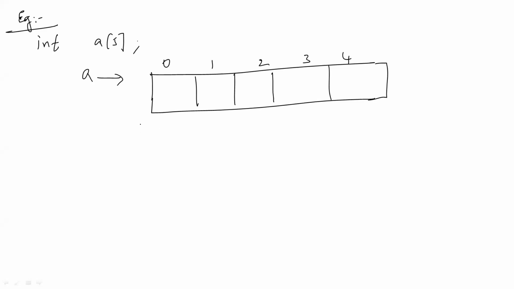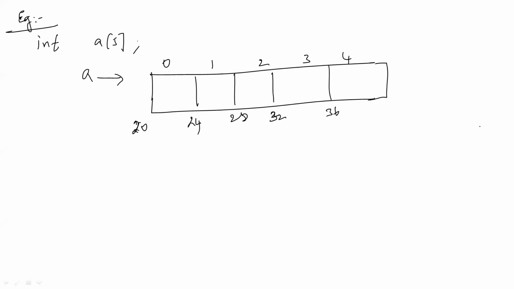They have the indexes, and don't think that it will start at 20 only. It can start at anything, but the thing is they will be in continuous memory. It will start at any position, no problem.